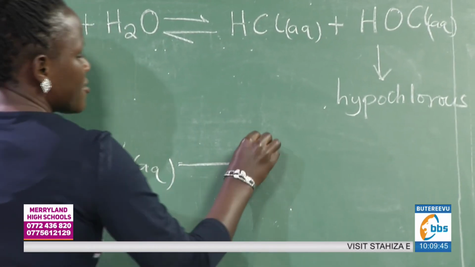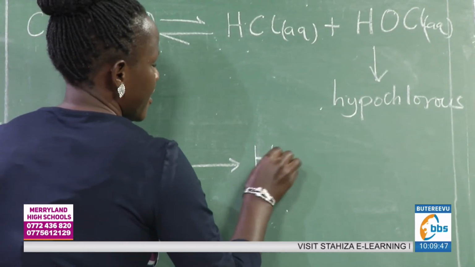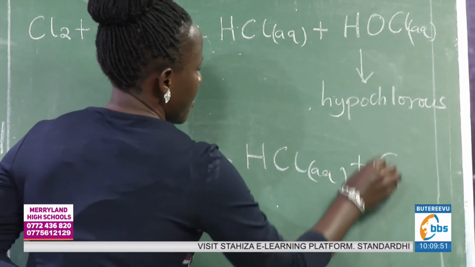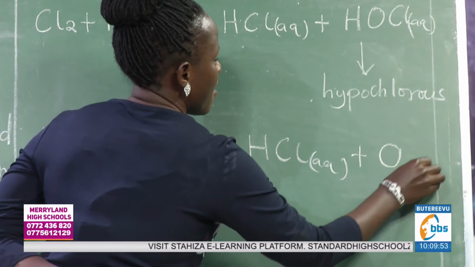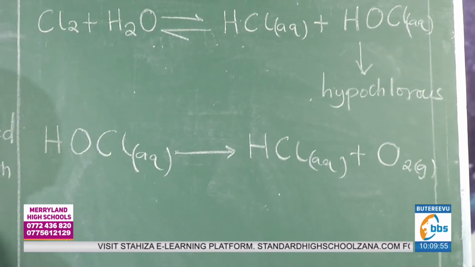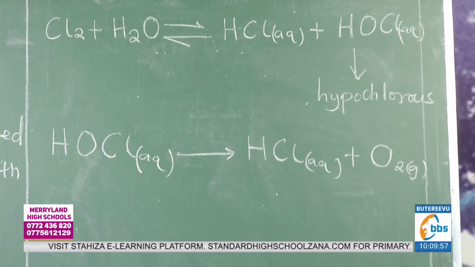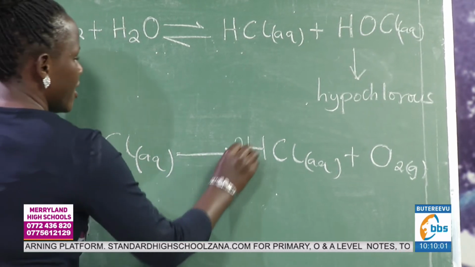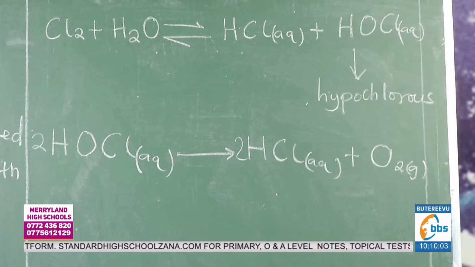It decomposes to give you what? HCl plus our chlorine plus our oxygen gas. We balanced the equation by multiplying here with 2, and also multiplying here with 2. So those are the two equations that really take place.